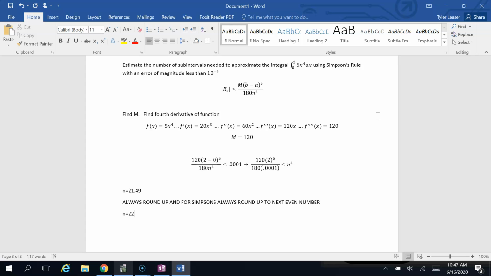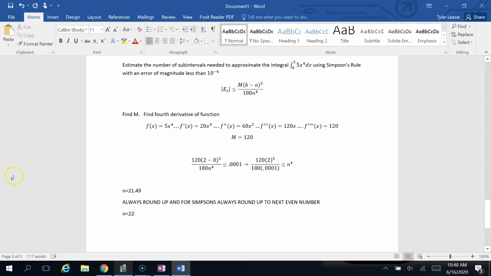So if you're making some kind of game or something like that for the phone, you only want your game to do as many calculations as it needs to do. Otherwise, it runs very slow. So if you only need this result to be within 10,000ths of a decimal, then you would only do 22 partition intervals there. I know that this doesn't seem like you would need to do this for a game, but whatever your calculation is, this error estimate allows you to do the minimum number of calculations to get your answer to within the required amount.